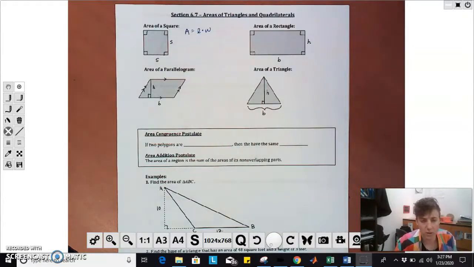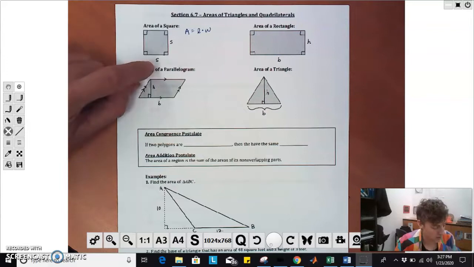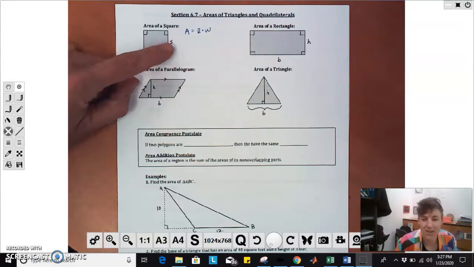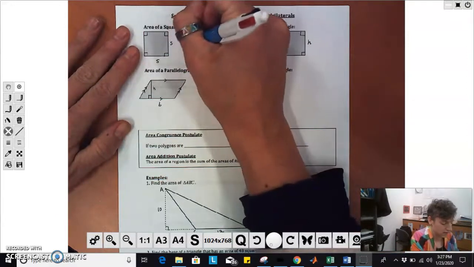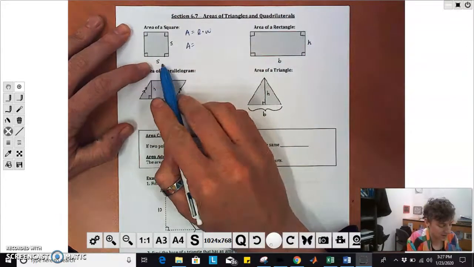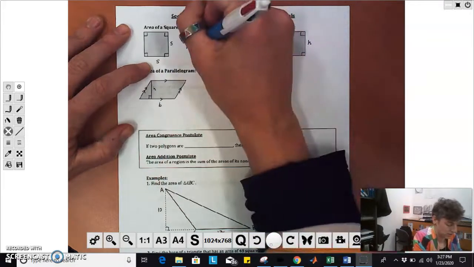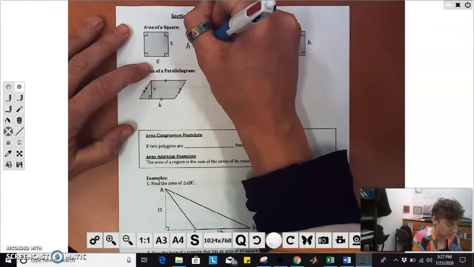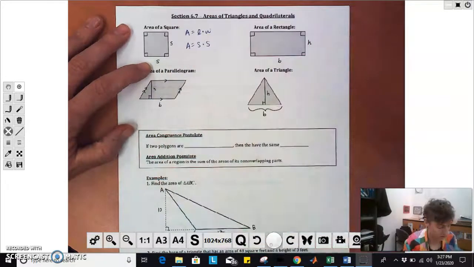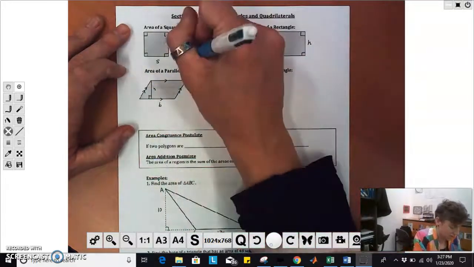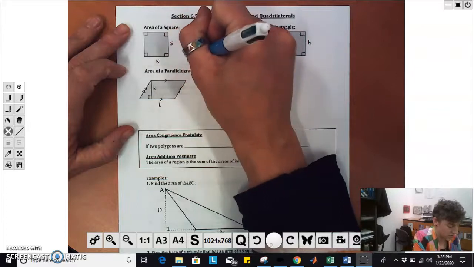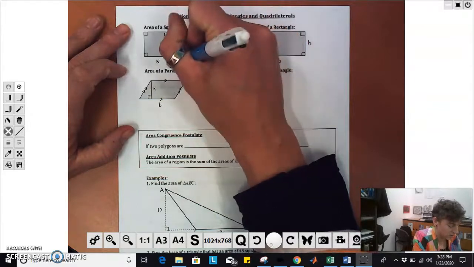In a square, we don't even have to work that hard because we know the length and the width are exactly the same thing. So our area is the side length, S, times the side length, S, because our length and our width are the exact same thing. So the area of a square is just the side length squared.